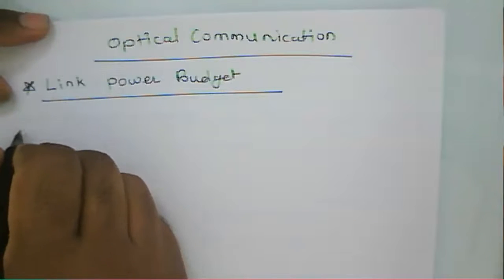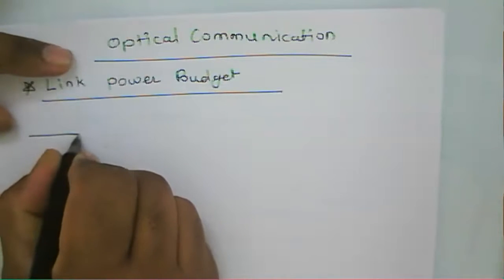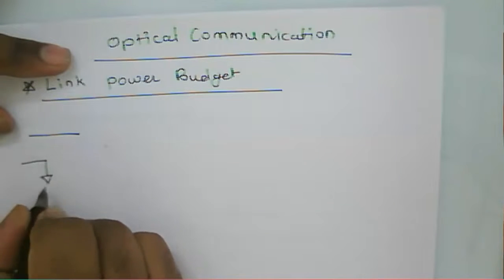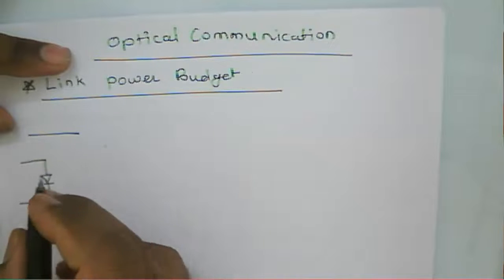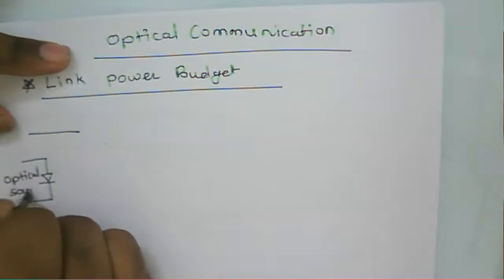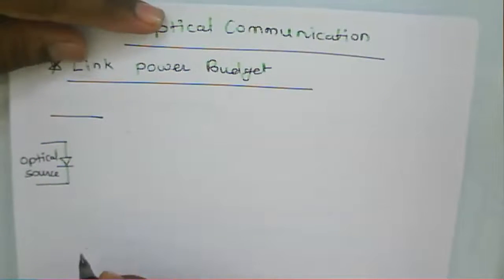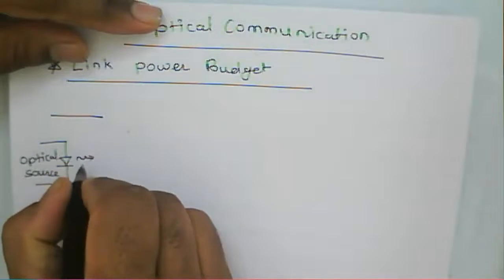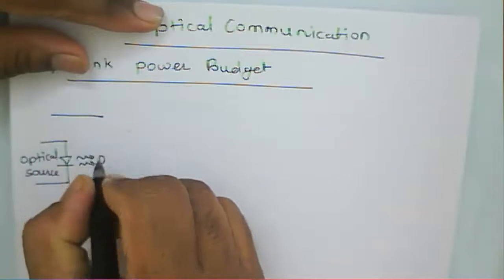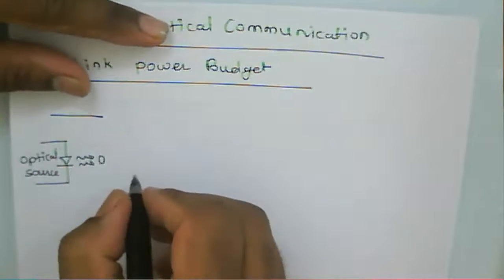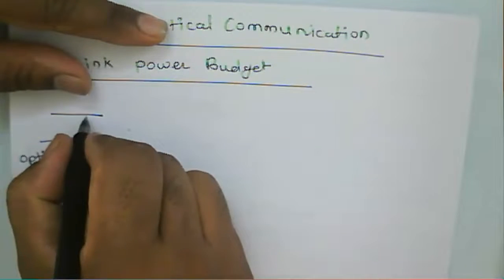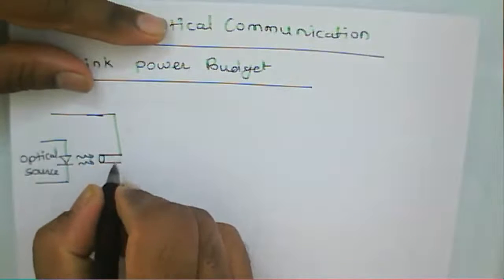Now, in a point-to-point link we have the optical source, and that will emit light, and then we have a fiber fly lead that is connected to your source.